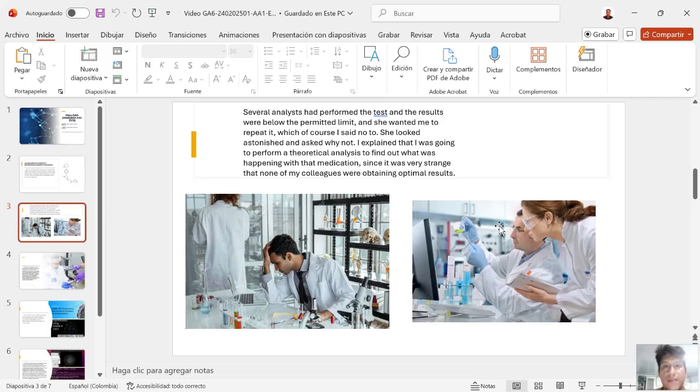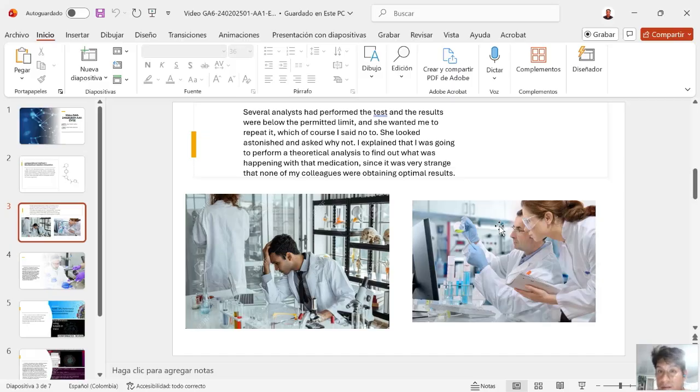Several analysts had performed the test and the results were below the permitted limit, and she wanted me to repeat it, which of course I said no to. She looked astonished and asked why not.